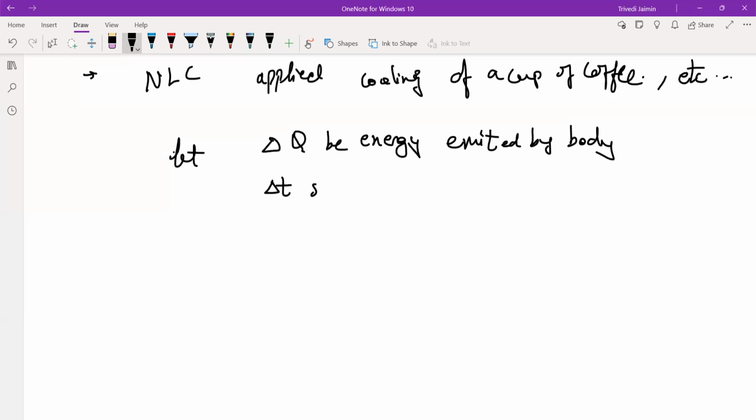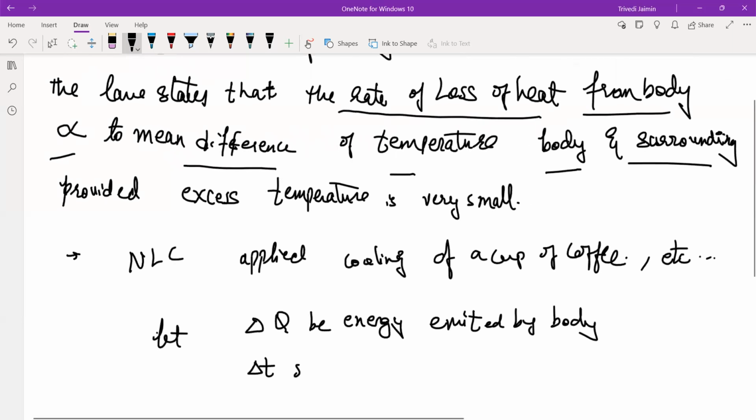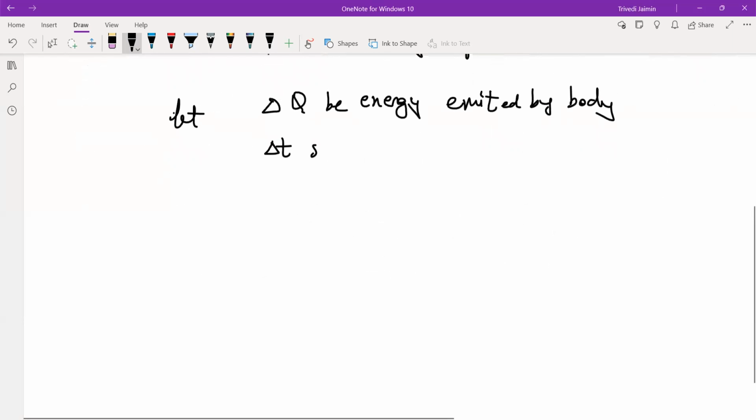So mean temperature will be theta 1 and theta 2, right? What we need is the mean temperature, the difference in temperature of body and surrounding.